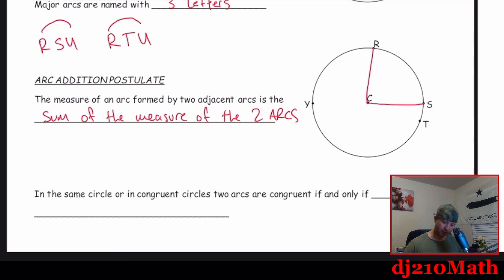So here we have arc RS plus arc ST. Now, if we make up some numbers, I don't know, let's see.